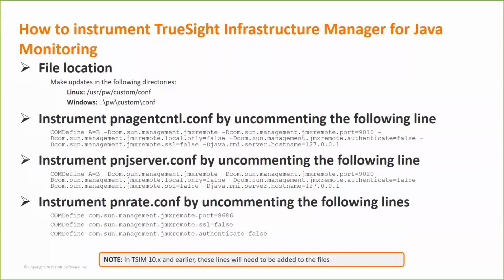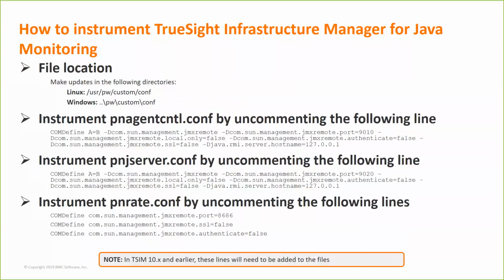The last portion of this actually does restrict the connections to only be created locally on the system, so I can only connect to the loopback address. If you want to allow remote connectivity for JConsole or some other tools, or even Patrol Agent doing remote collection, you could remove that portion of the line, that last argument, the -D Java.